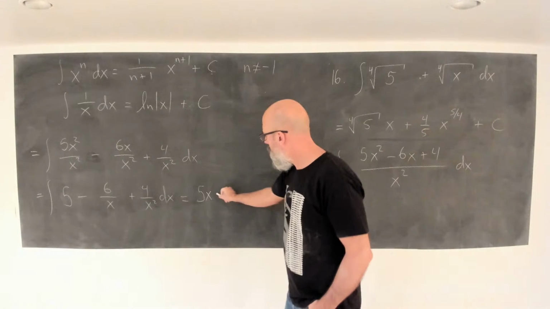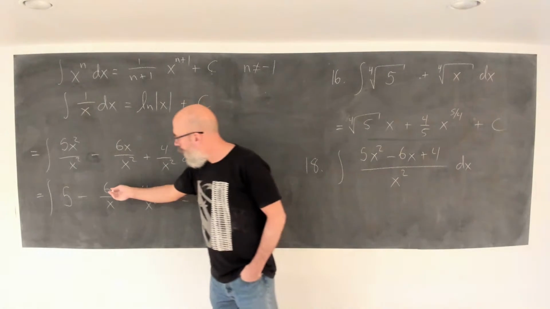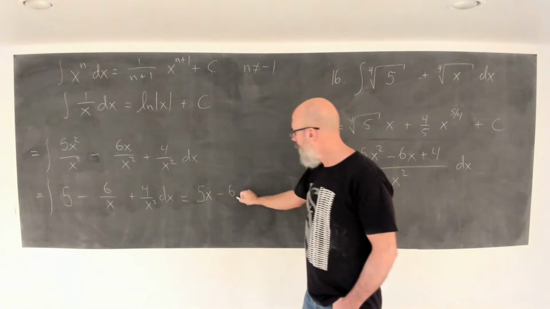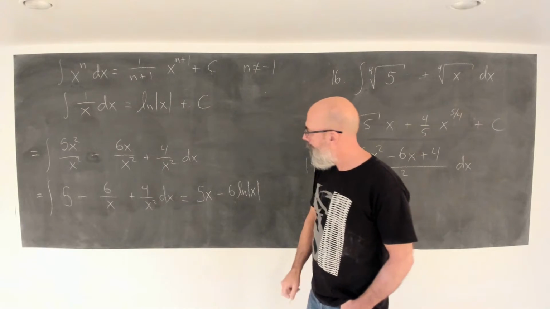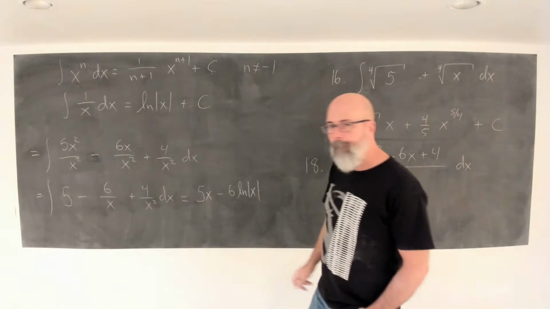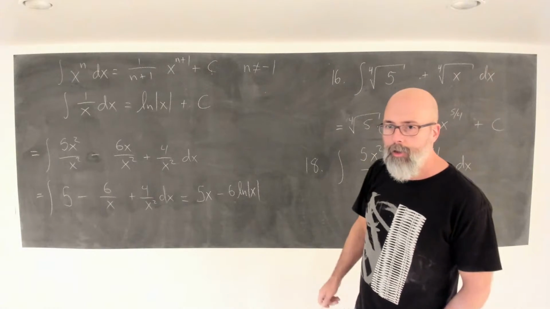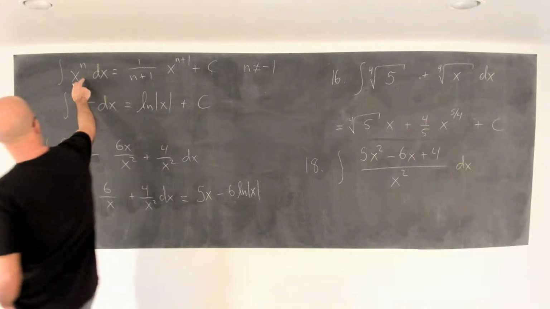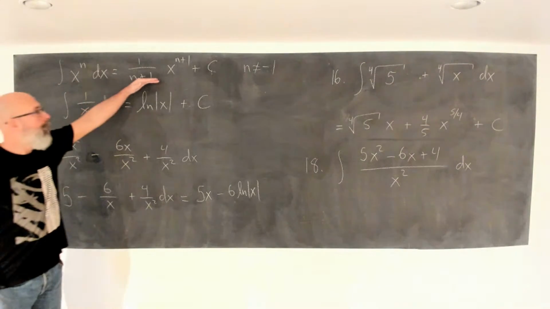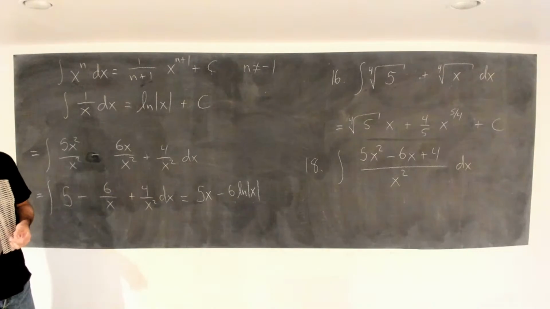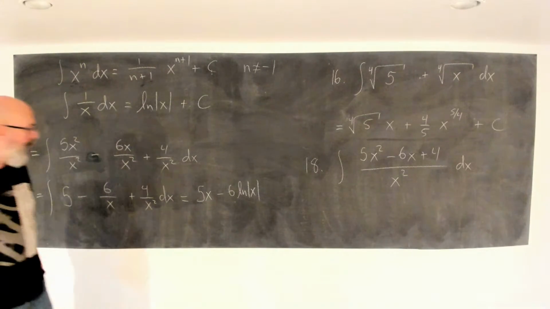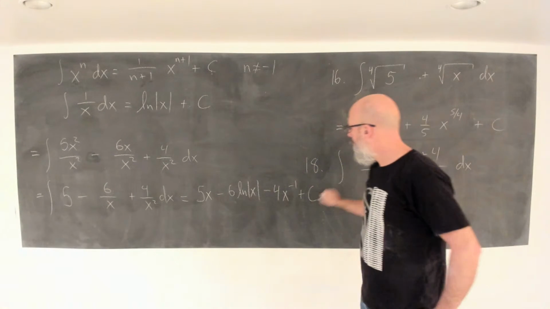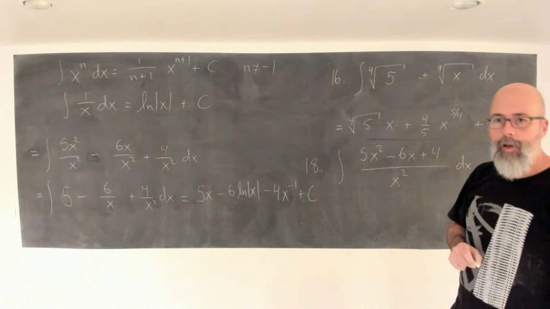Pull out the negative 6, and you're looking for a function whose derivative is 1 over x. Well, you have it right here. Pull out the 4, and you're looking for a function whose derivative is 1 over x squared. You're looking for the antiderivative of x to the negative 2, which is negative 1, x to the negative 1. So negative 1, x to the negative 1. Throw in your arbitrary constant, and there it is.